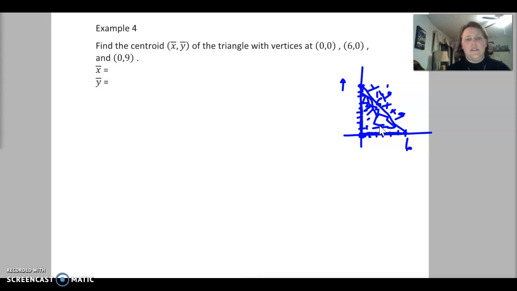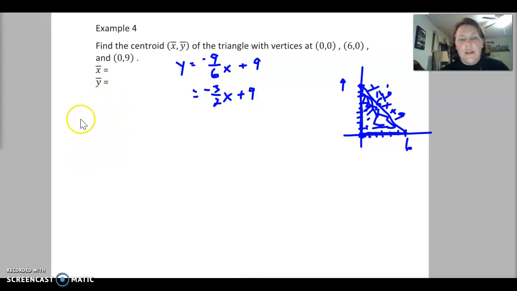Okay, and so that's our equation, and we can simplify that a little bit too. So negative 9 sixths x plus 9 is equal to negative 3 over 2 x plus 9. Right, so from there, first thing that we want to do is find our total mass.